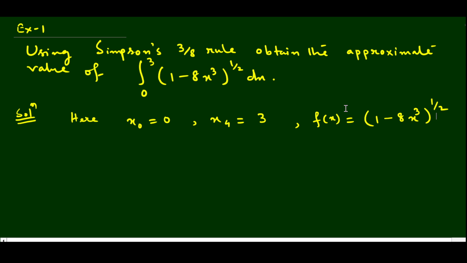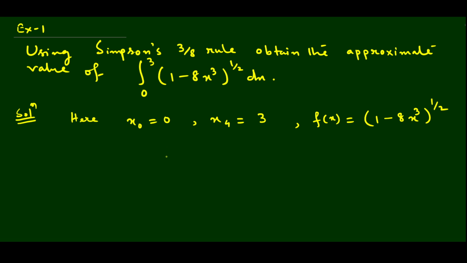Now in this particular example, see x naught. X naught is how much? 0. Then x4, or you can write x naught plus nh, is 3, and the function is 1 minus 8x cube whole to the power 1 by 3. Now the thing is that n. In Simpson's one-third, I think you still remember what I said there.